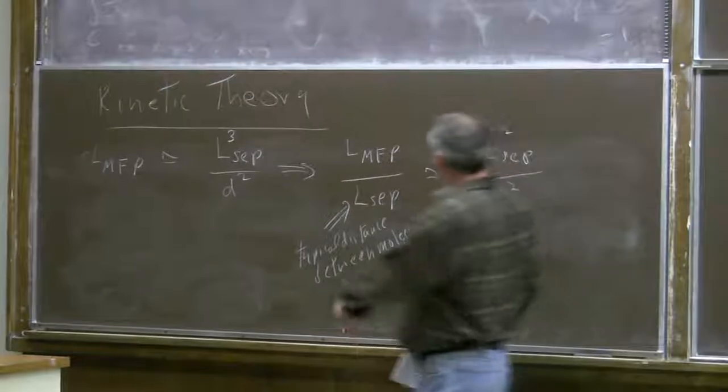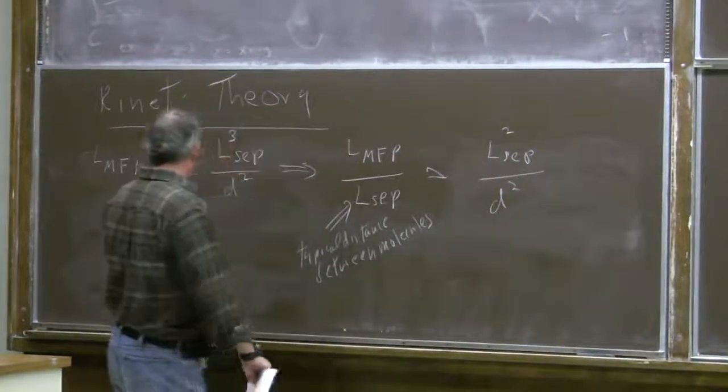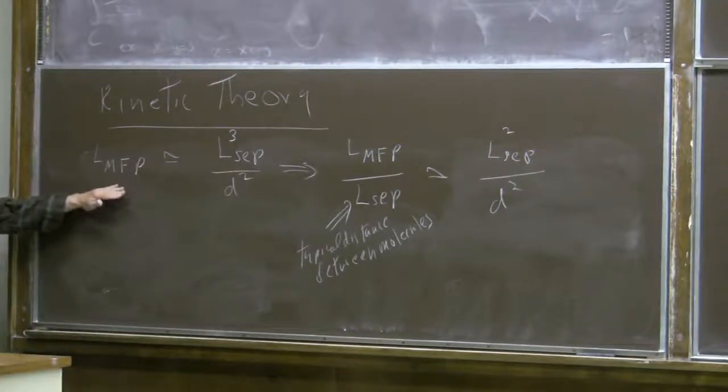So typically the separation is large compared to the size of the molecule, and then the mean free path is larger still.